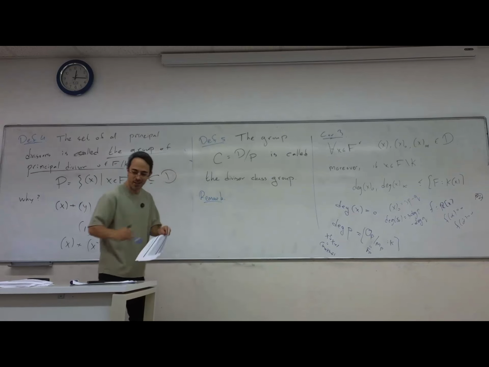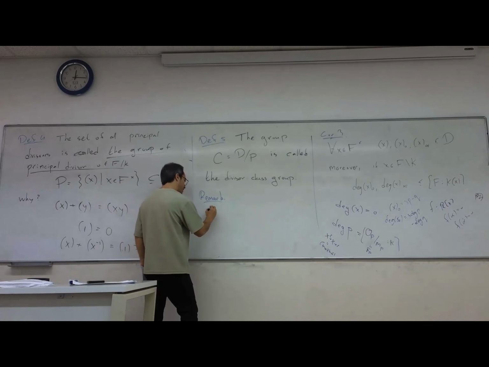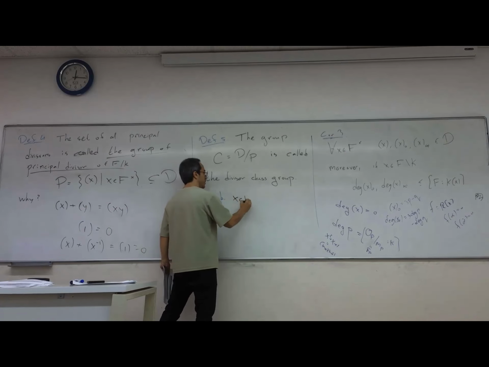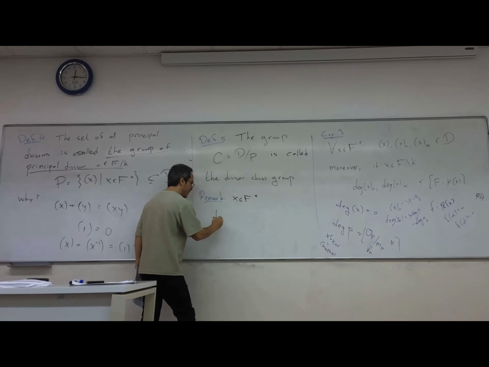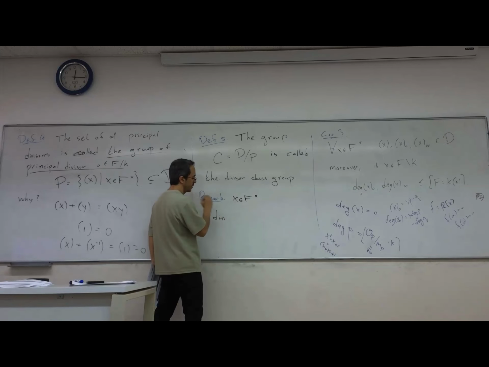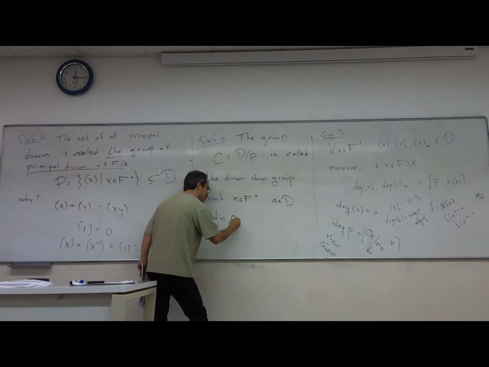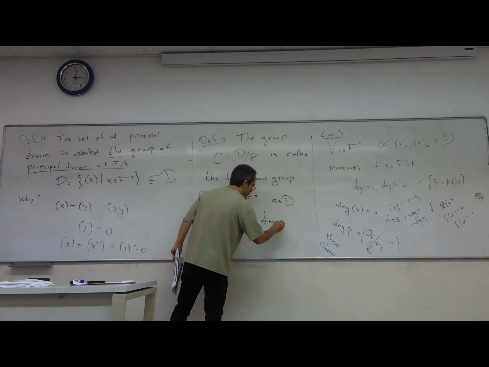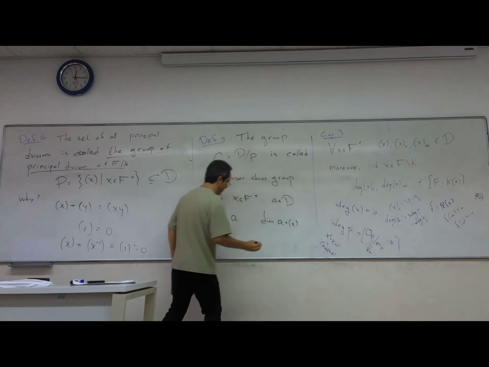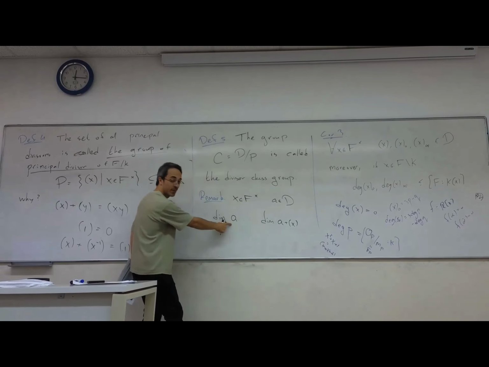Okay. So if you take some element x, some function, and you take any divisor, then what can you say about the dimension of A and the dimension of A plus X? This is the dimension of the Riemann-Roch space, right?